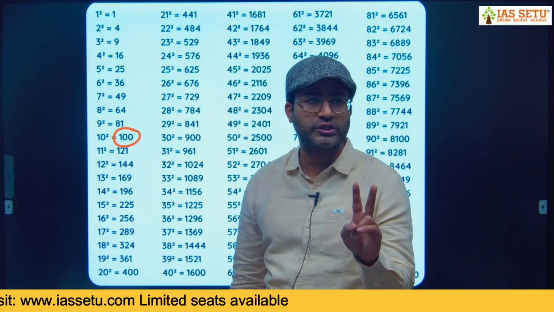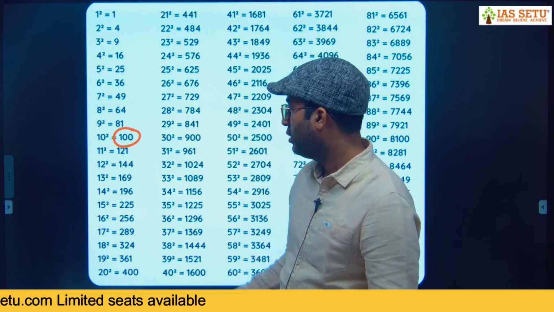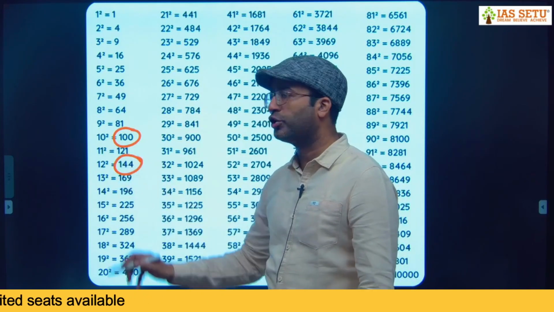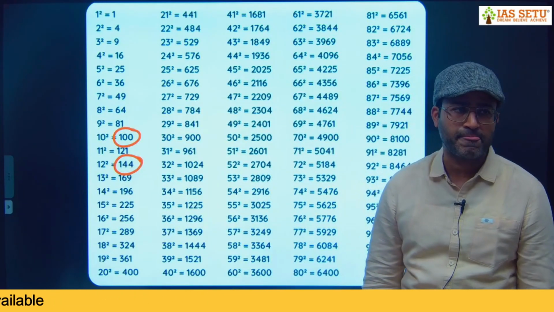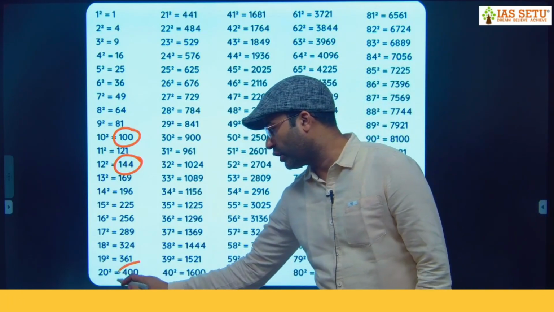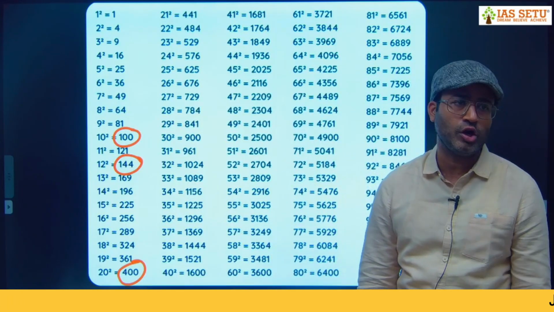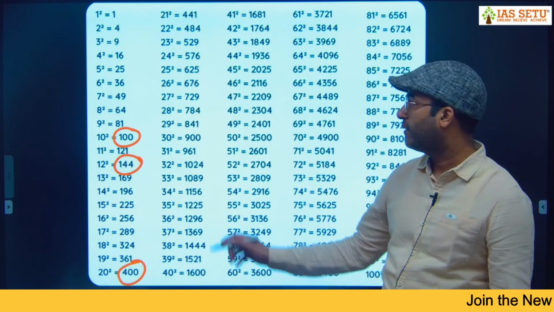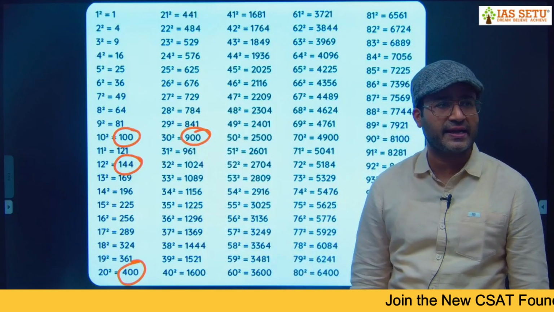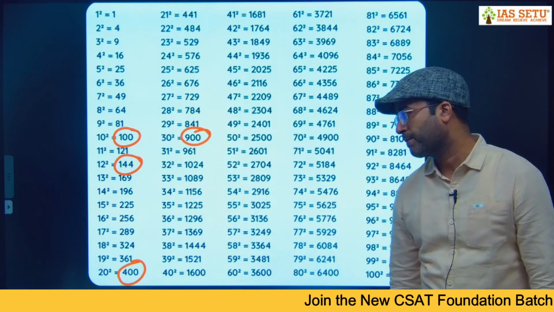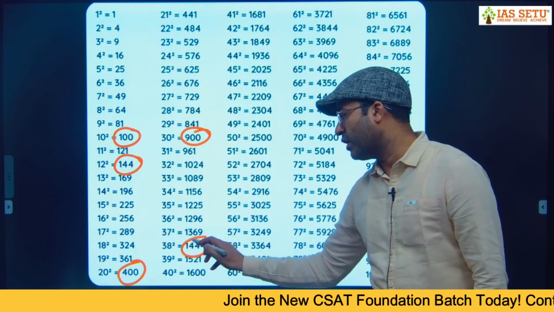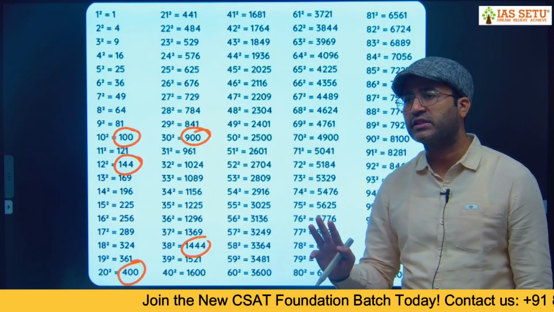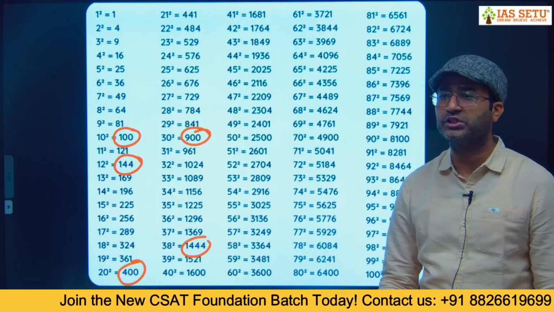Here last two digits are same, 00. 12 square 144 where 4 and 4 same. After that 400. After that 30 square 900. After that 38 square 1444. Although last three digits same, but my concern is last two digits are same.